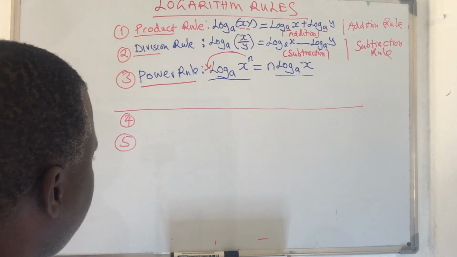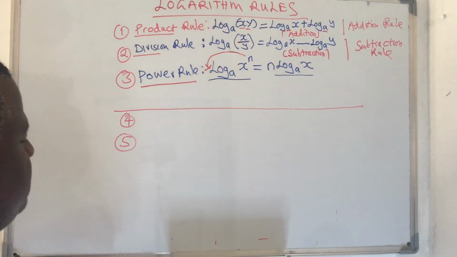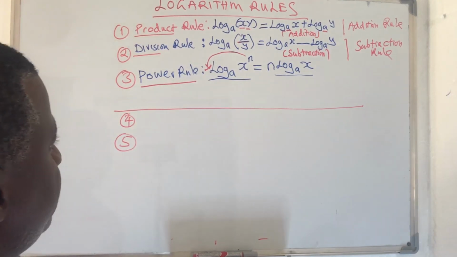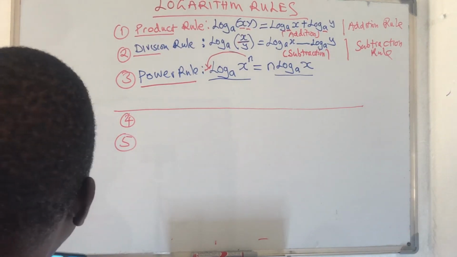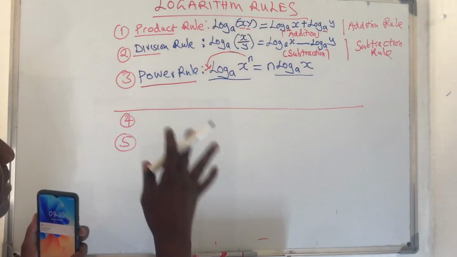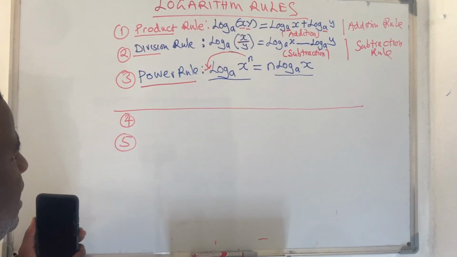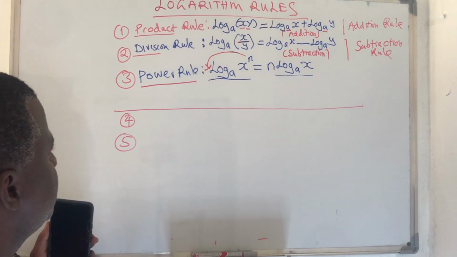Now there are 2 bonuses I would like to give you. These 2 bonuses will be very helpful when we are solving equations or when we are manipulating logarithm questions.